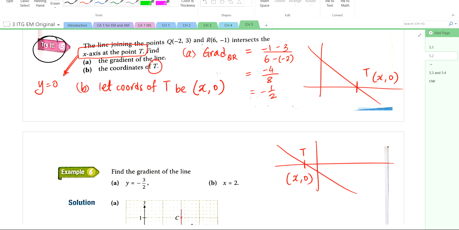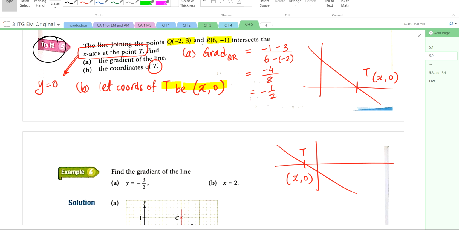Now, in order to find the x coordinate, I'm going to make use of a special property. That is, the points Q, R, and T all lie on the same line. So what can you tell me about the gradient of a line segment joining any of these two points? Must be the same.